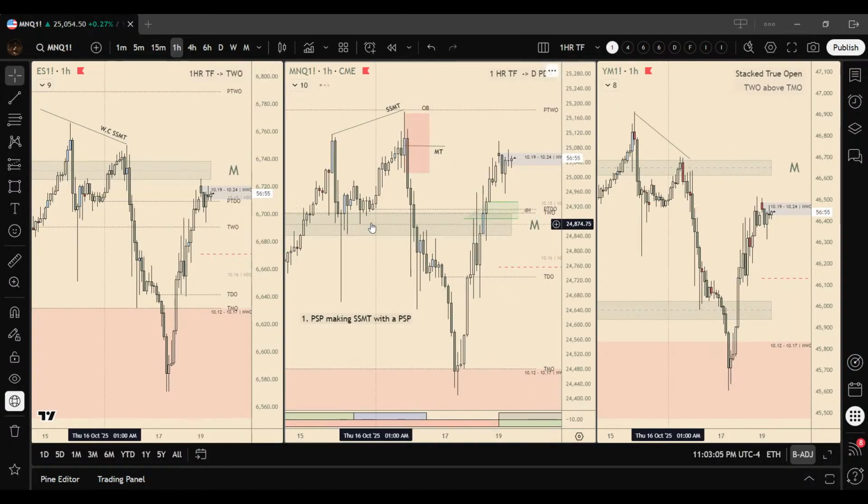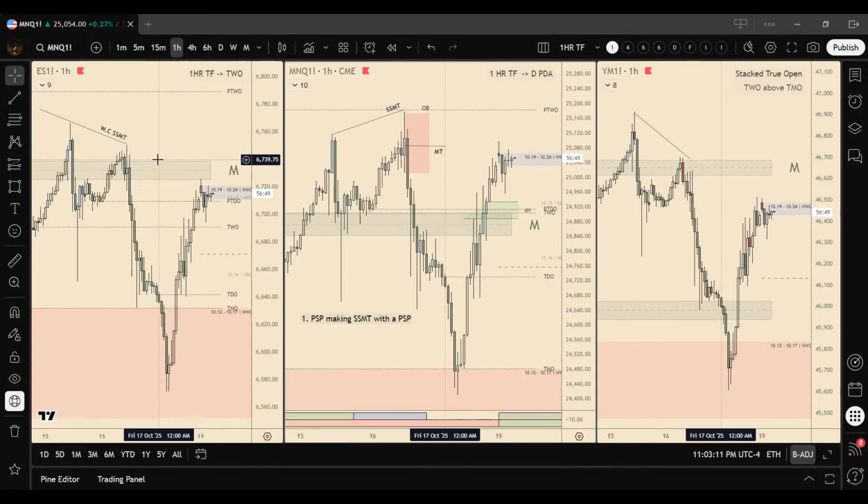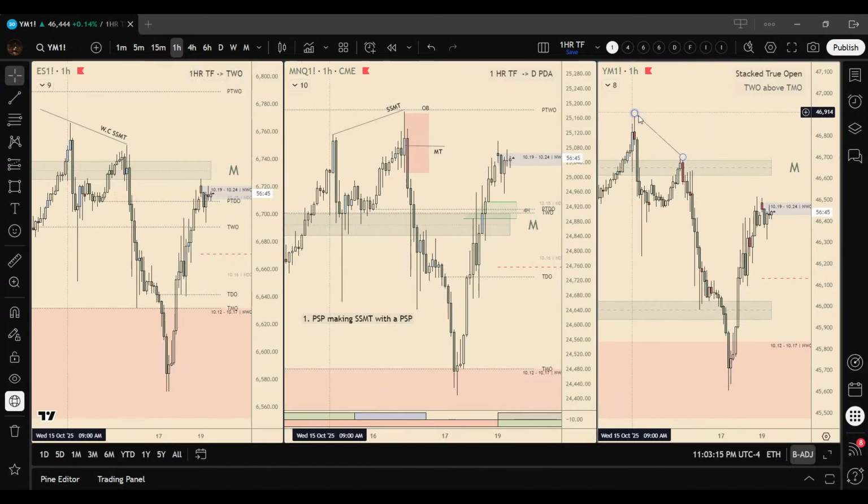The monthly gap, we were well over it while we were just trading above its high, while on Dow we were trading into it before it fell, or we were trading above it really.